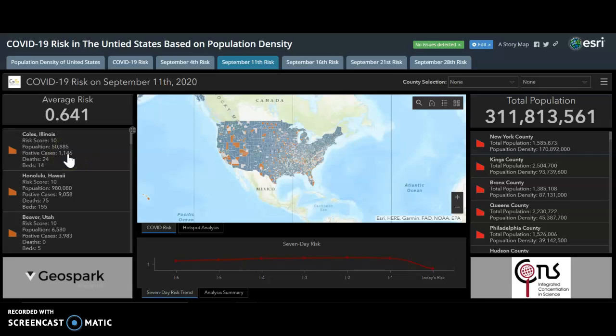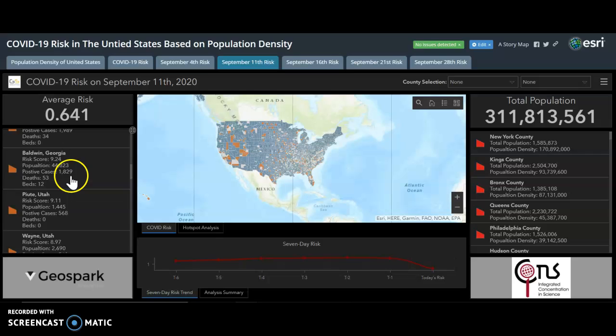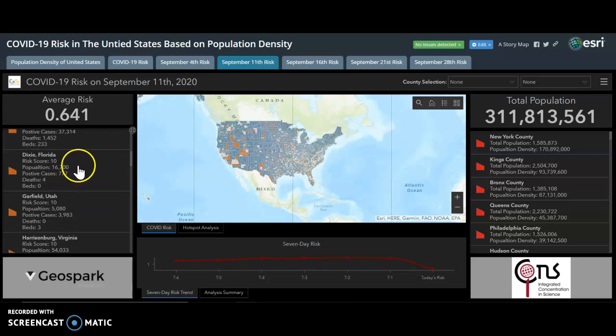What we saw a lot of last week, during the week of September 4th, were areas such as Texas and the south and western coast of California, Southern California, being the highest risk areas. We were able to see that Illinois, Hawaii, Utah, scattered across the country, Virginia, there are areas that are ranging in high risk.